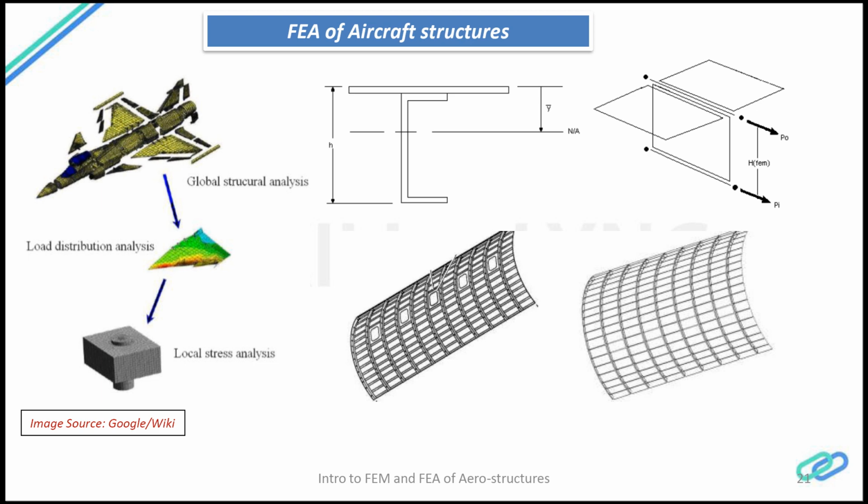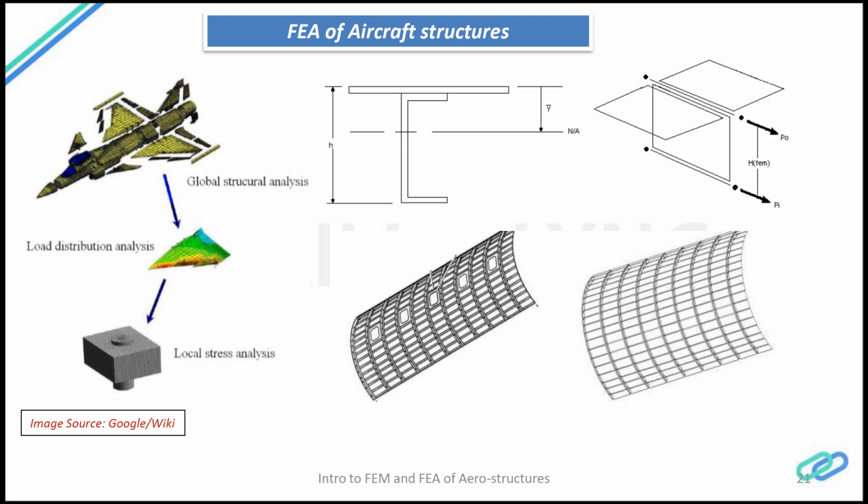And further to this local model, you are further investigating one of the attachments of this wing to the fuselage. So this is a still further local stress model where your fasteners, whatever you have modeled as spider elements or something, are being modeled properly in three dimensions, using three-dimensional elements, and then the contacts between the fastener and the lug are defined, and your area of interest is this local attachment only.